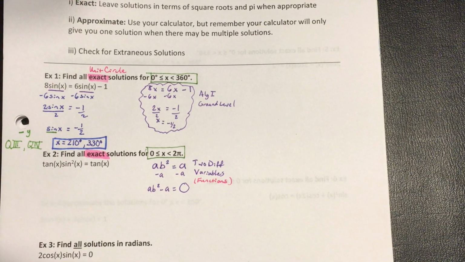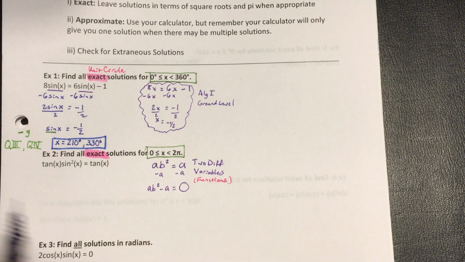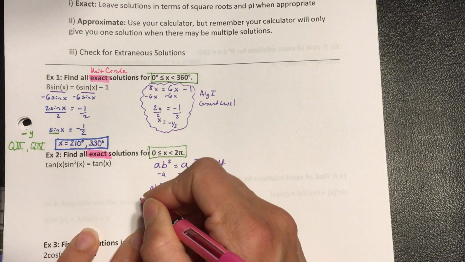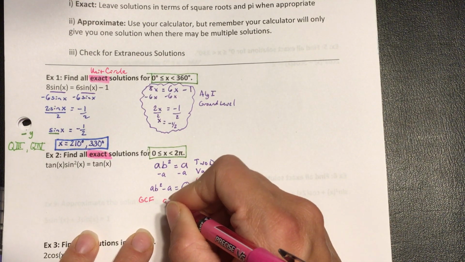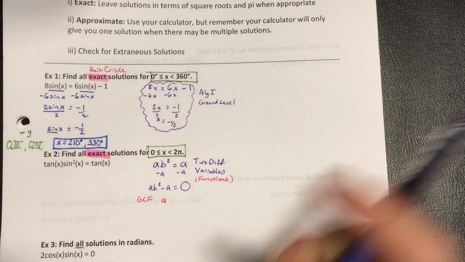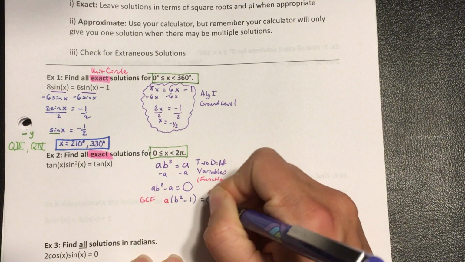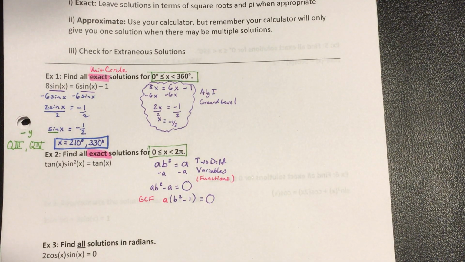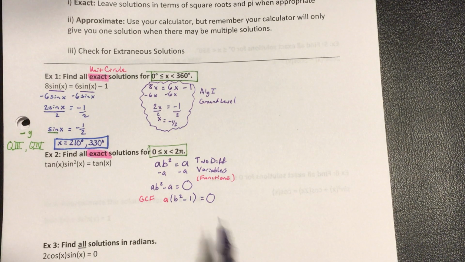This is where factoring comes into play. We are going to take out a as a GCF. So if I take out a from both of those, that will leave me with b squared minus 1. And what this has done for me by factoring is I now have my a stuff separated from my b stuff.